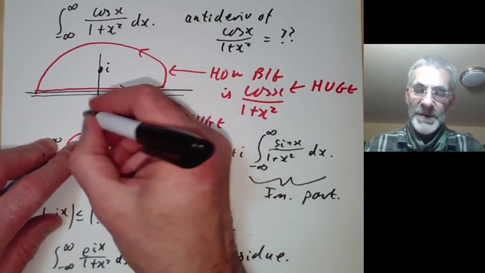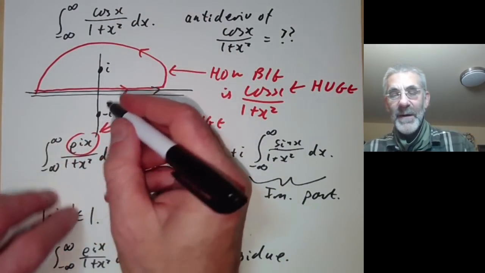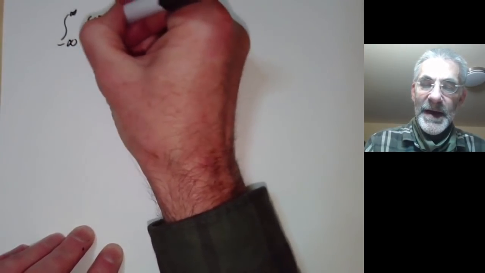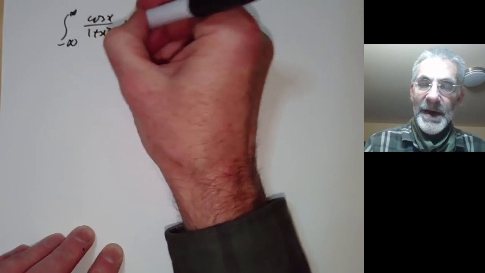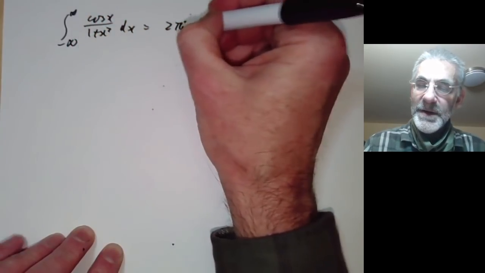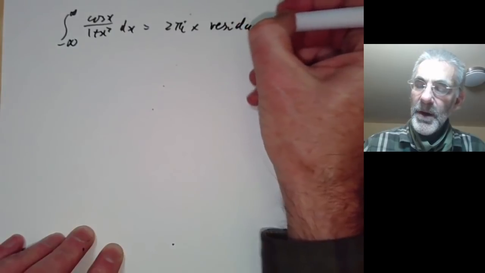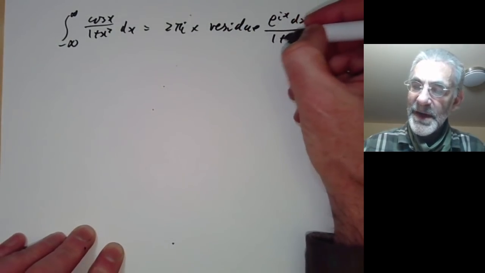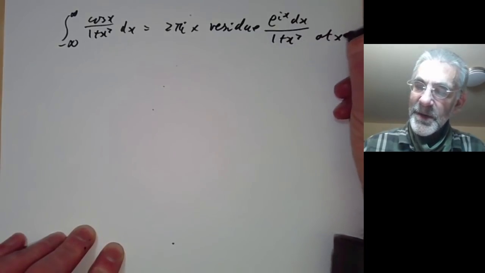Well, there are 2 points where it's not holomorphic, but we don't care about that one because it's not inside this contour. So we see the integral from minus infinity to infinity of cosine x over 1 plus x squared dx is 2 pi i times the residue of e to the ix over 1 plus x squared at x equals i.